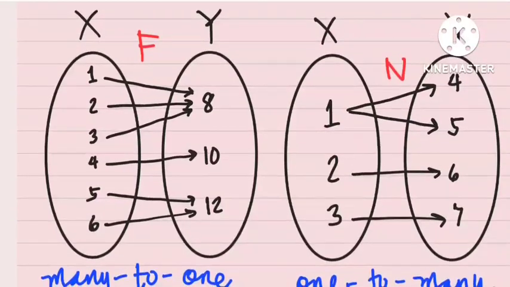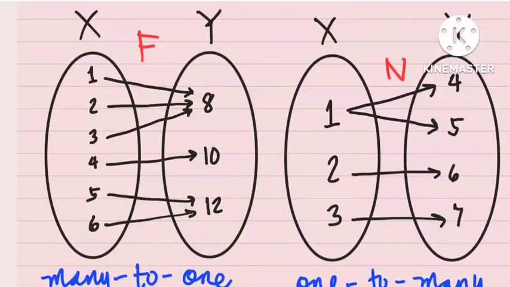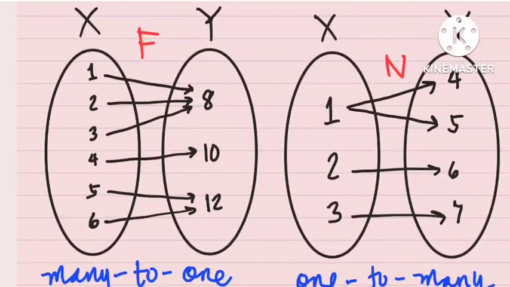Now, we see here the difference between the many-to-one correspondence and the one-to-many correspondence. So, let's focus first on the many-to-one. If you look at the elements 1, 2, and 3, all of them are connected to only one element in the range, which is 8.